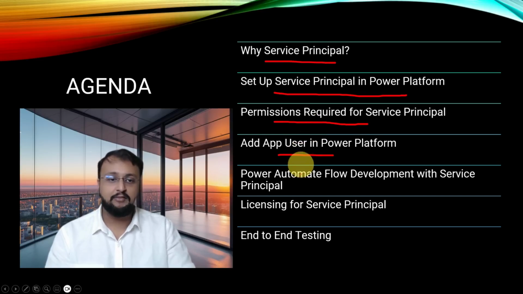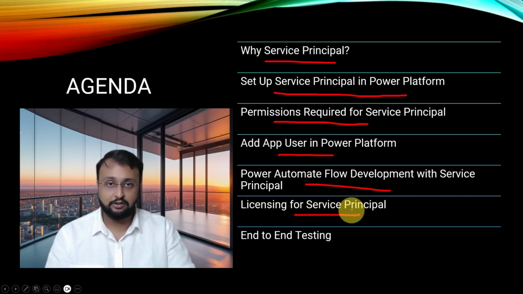At the end, we will build one Power Automate flow with the service principal, and we will also talk about the licensing implications on the service principal as well. At the end, we will perform end-to-end testing and test the difference between a normal flow versus a service principal flow. So without further delay, let's get started and talk about the overall things in detail.